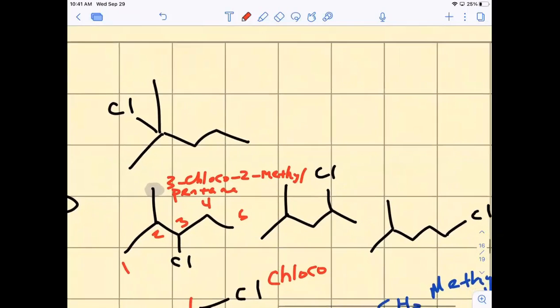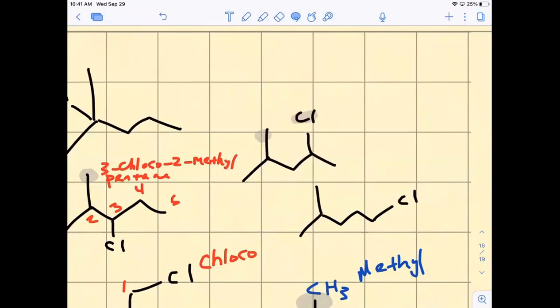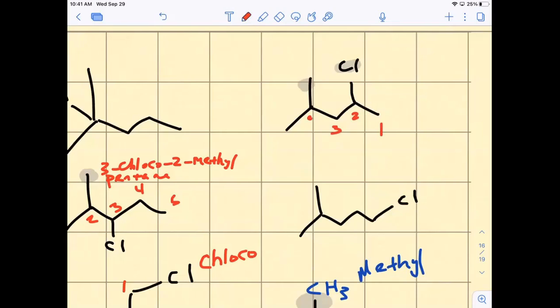All right. What about the next one? You got a chlorine here. You got a methyl group here. I probably should move these around to make room. Let me do that. All right. What about that one? We can count from either end on this one, but we're going to start counting here because chlorine, C, comes before M in the alphabet. Because your 2 substituents are equidistant.